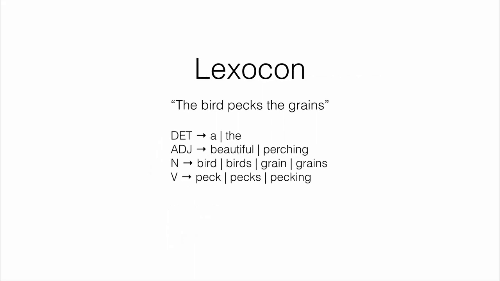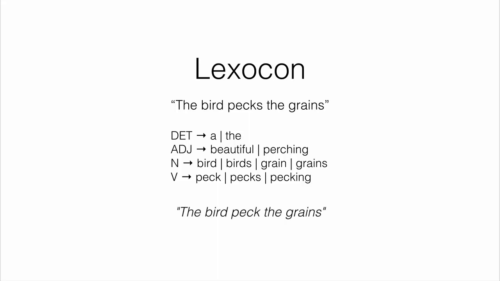In this case, we don't really have any of these adjectives, but that's what they might be, for example. All right, so let's look at lexicon, and we're going to have our sentence again. So the bird pecks the grains, and if we take this apart, we use the rules that were shown earlier. We have A and the, which are articles. Adjectives, not really in this case. We have the noun, which is bird for us. We have also the verb, which is going to be pecks.